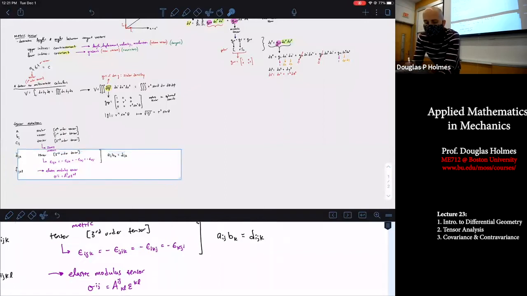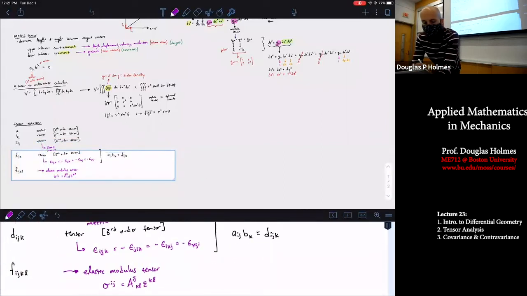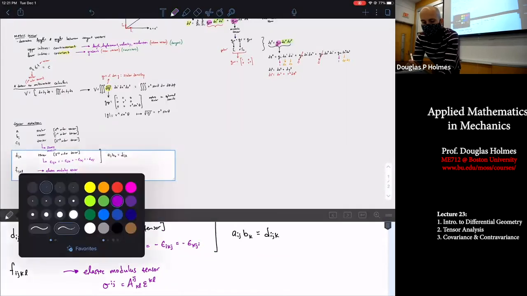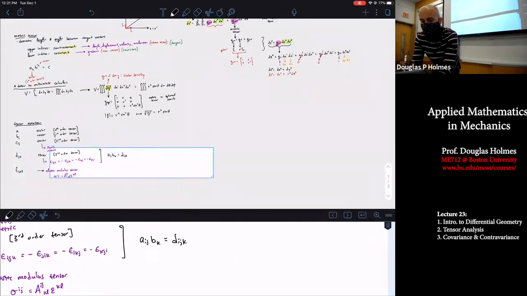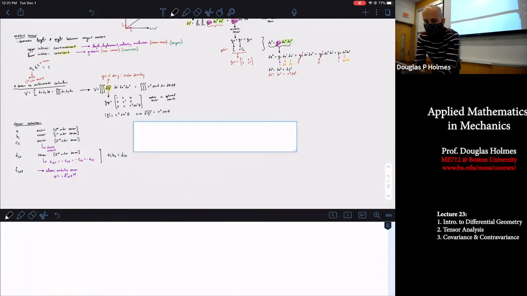One of the things that I really like about tensor analysis is it allows you to almost immediately check the validity of an equation. So for instance, I can just start making stuff up. Valid tensor equations.